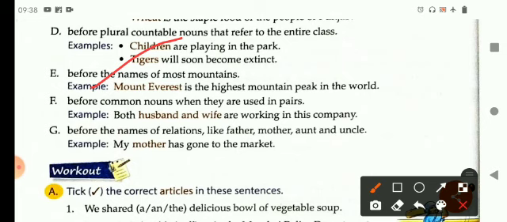We also do not use the before common nouns when they are used in pairs. For example, both husband and wife were working in this company. We also do not use the with the names of relations like father, mother, aunt and uncle. For example, my brother has gone to the market.